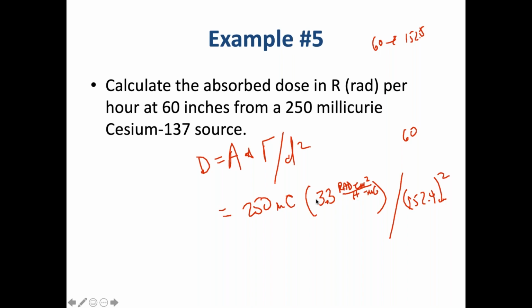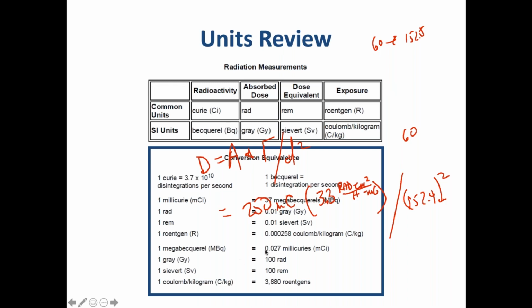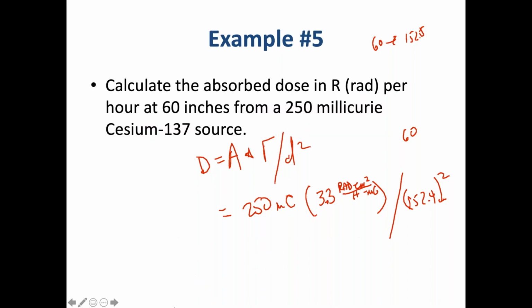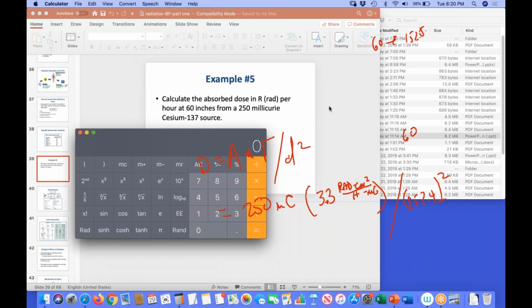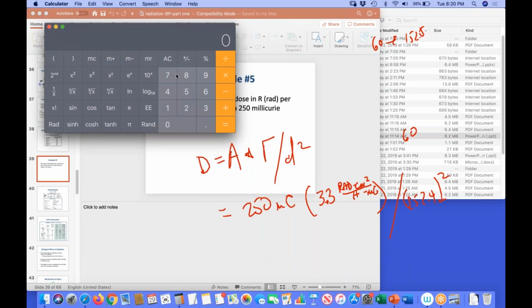250 times 3.3 divided by 152 squared. I'm going to square that 152.4 first and put that into memory.